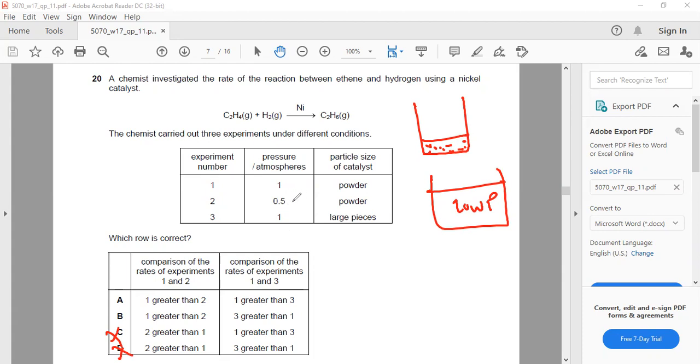So 1 and 3, large pieces, slower than 1. A is the answer. In A, because more pressure, it is faster, and in 1 and 3, A is powder, so faster. More surface area.